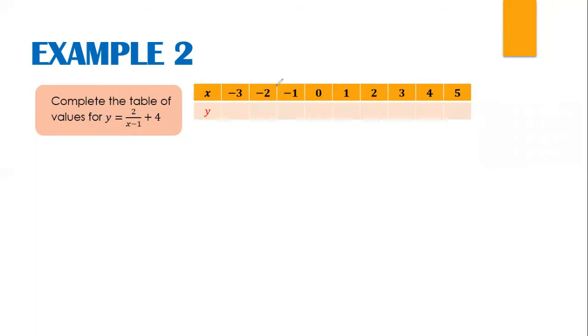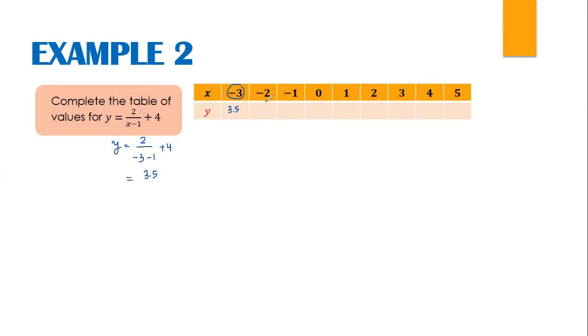When x equals minus 3, we just insert into the equation y equals 2 over minus 3 minus 1 plus 4, right? We got 3.5. We just copy here, 3.5.